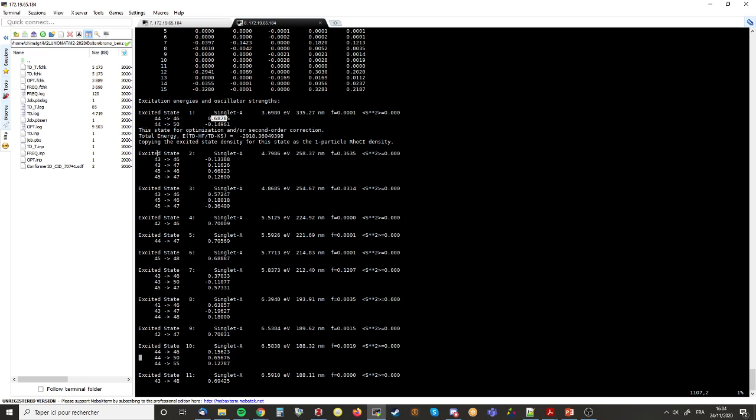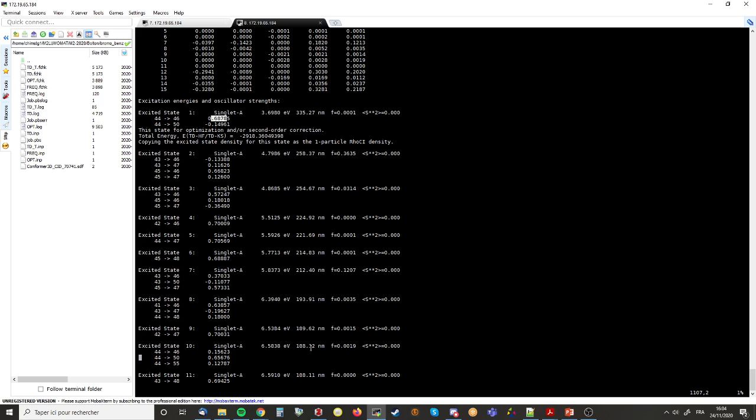In the singlet 2, you have 45 to 46, but it is not alone. You have more than one orbital that is considered in the calculation. That does not mean that you have one electron from the orbital 44 that goes to 46 and one of the 44 that goes to the 50. It's not like that.